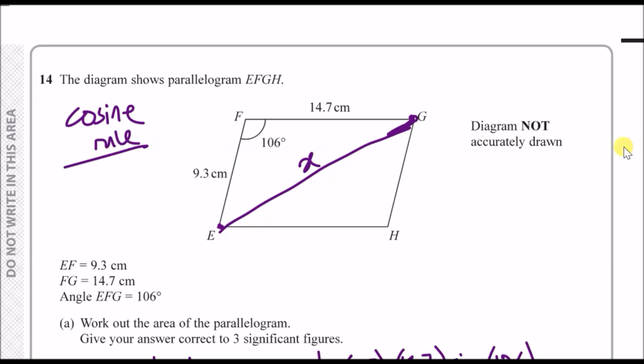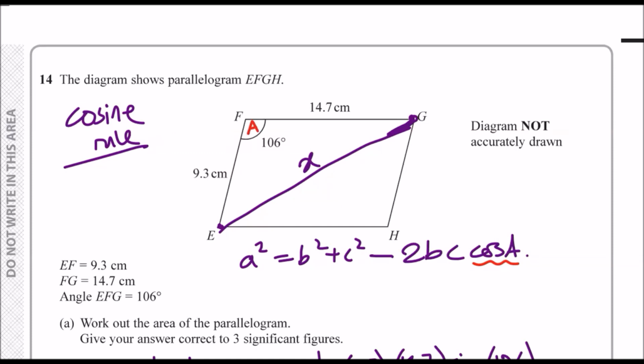If not, the general formula is: a squared equals b squared plus c squared minus 2bc cos A. Now the most important element here is the angle, capital A, and this means that the little a, which is its opposite, is this length. So X is little a and capital A is 106, which means b and c are the rest, 9.3 and 14.7.